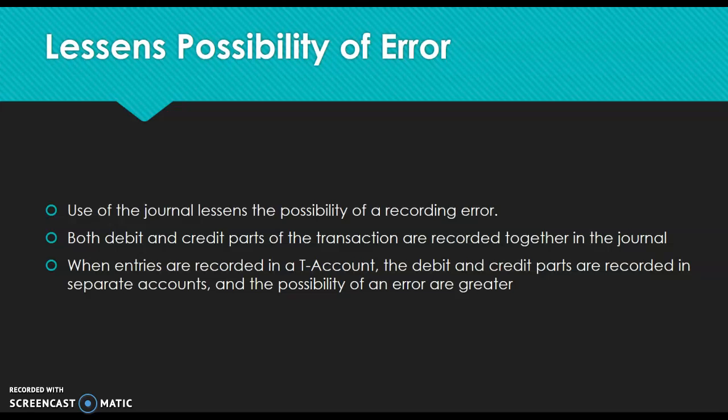That way you can see the entire entry, and you know, for example, if you have received cash for a sale, you know you're going to debit cash and you're going to credit the revenue account, and you can see them together. So if perhaps you got them backwards, you would see it easily. Also, when entries are recorded in a T account, the debit and credit parts are recorded in separate accounts, so there's a greater chance that you're going to make an error.